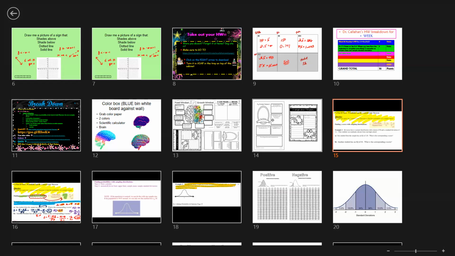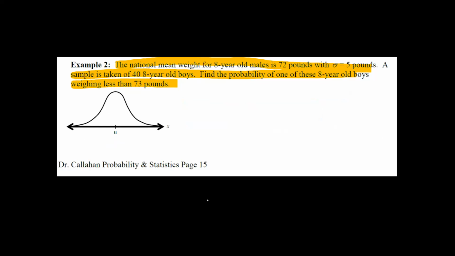All right, let's go ahead and take a look at example 2. It says a national mean weight for an 8-year-old boy is 72 pounds. So I want to make sure I write that down. So the mean weight is 72 pounds. And if you look at this, we're actually going to be graphing it on this one.